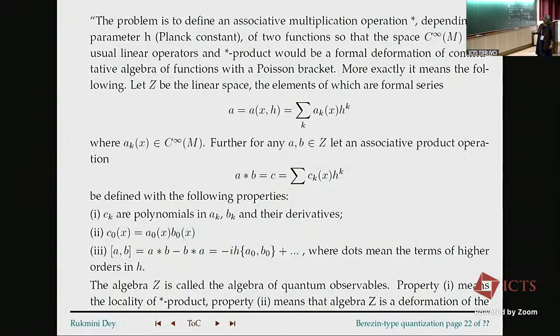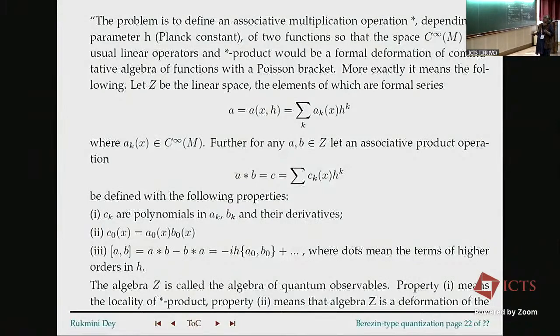The c_k are polynomials in a_k and b_k and their derivatives. c_0(x) is just the product of the two, and the commutator of the star product up to order h-bar is just i h-bar times the Poisson bracket, the Poisson bracket induced by the symplectic form. And there are other higher order terms, but in the standard theory of quantization, this is a must.